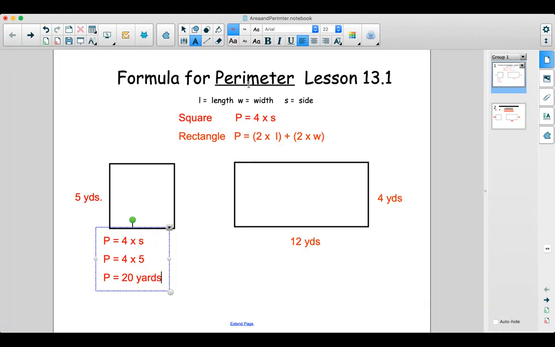If we have to measure the perimeter of a rectangle, we will use this formula. P equals 2 times L plus 2 times W. So let's do that. P equals 2 times, our length is 12, plus 2 times W, which is our width, which is 4.